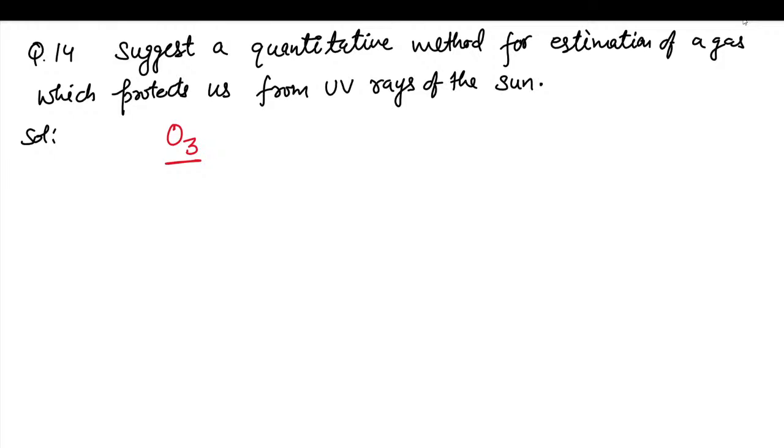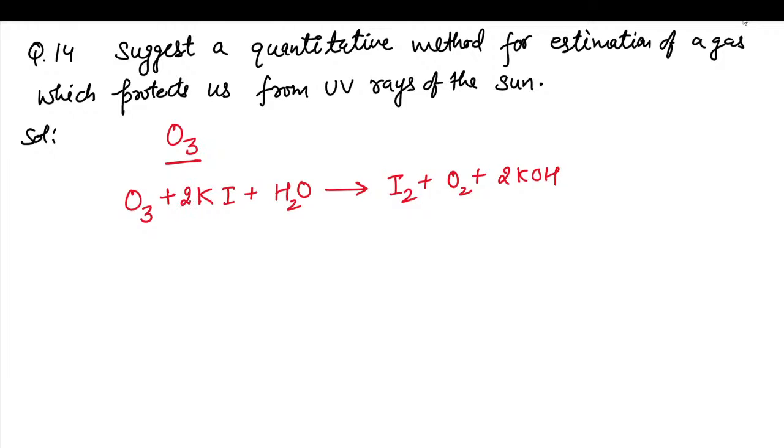To estimate this, ozone is an oxidizing agent. So ozone oxidizes potassium iodide to I2, along with the formation of O2 and KOH, right?